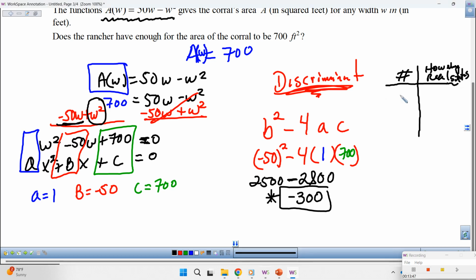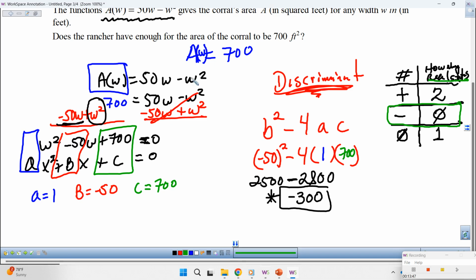If we end up with a positive number, how many real solutions? 2. If we end up with a negative number, how many solutions? None. If we end up with a 0 right here, 1 solution. So, what kind of number is this? This is a negative number. So how many real solutions will we get from this equation, guys?